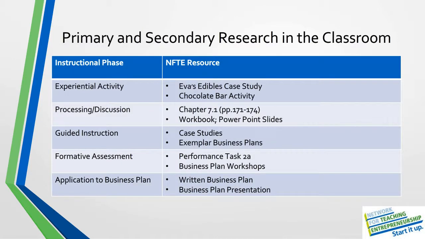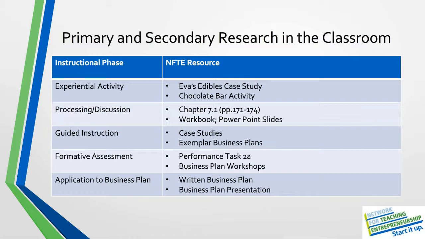When teaching the concepts of primary versus secondary research in the NIFTY classroom, it's important to follow the instructional flow set out by the NIFTY instructional method. Starting with experiential activities like Ava's Edibles case study and the chocolate bar activity will expose students to categorizing and performing primary and secondary research, while connecting to their prior knowledge.